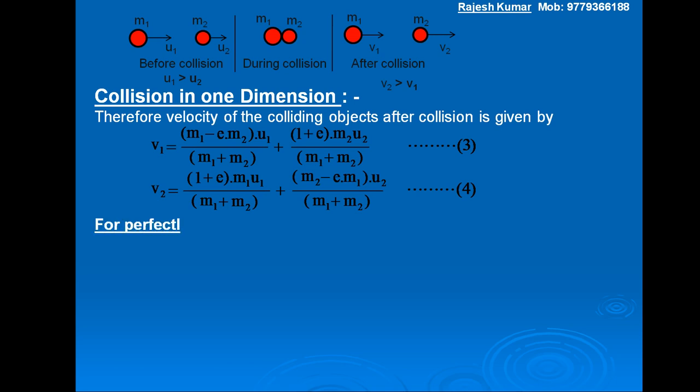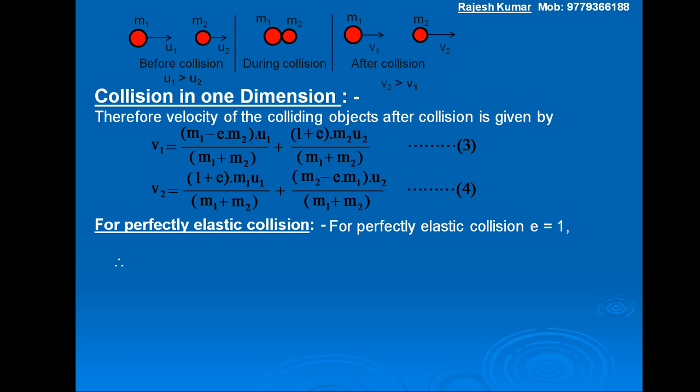Now, for a perfectly elastic collision, e is equal to 1, that is, the coefficient of restitution is equal to 1. So put e equal to 1 in the above equations.